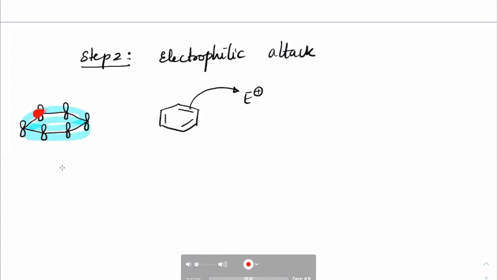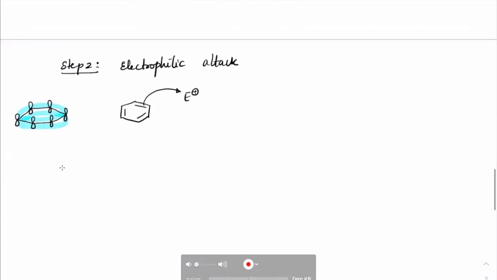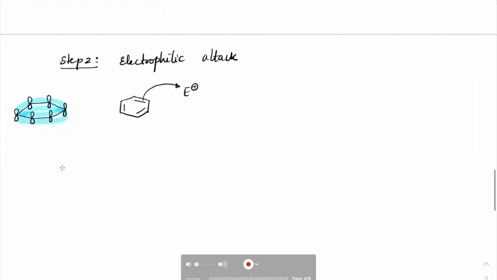So there is a complete density of electrons on the surface and on the bottom here, which means benzene is treated like an electron rich planar molecule. So it usually doesn't accept nucleophiles, because nucleophiles will also come with electron density. But when an electrophile approaches, one of the pi bonds can attack the electrophile. So I think that makes sense why it is going for electrophilic attack.